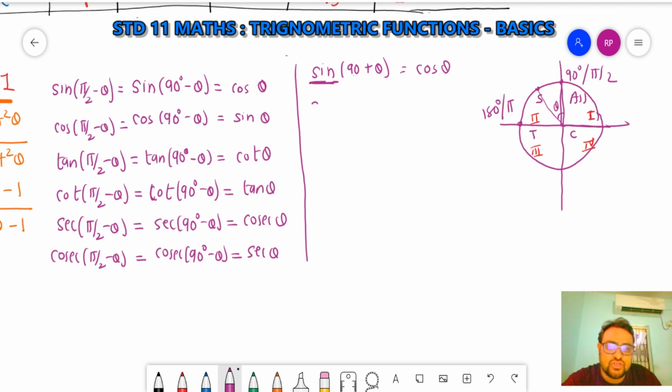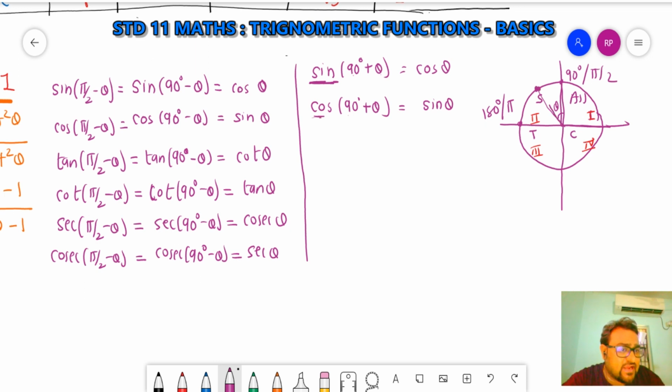But if the question is cos of 90 degree plus theta, then cos, as it is a 90 degree shift, will get converted to sine theta. But cos is negative in the second quadrant, right?